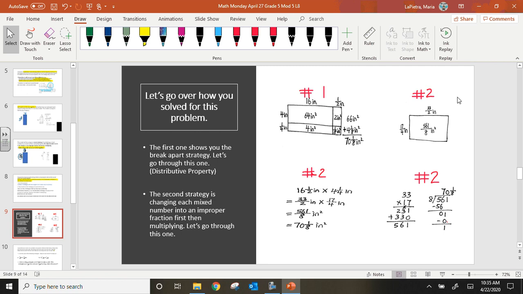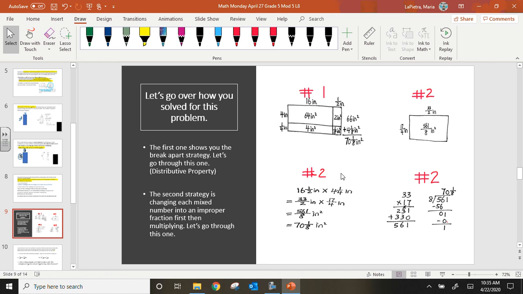And here's this one right here. We took 4 and 1/4 and made it into an improper fraction, 17 over 4. Okay, and then we took 16 and a half and made it into an improper fraction, and 16 times 2 plus 1 is 33 over 2. Then we need to multiply those two.